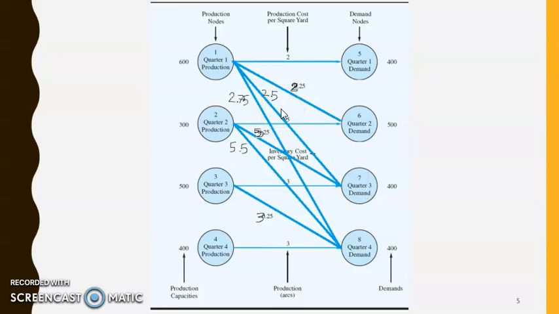So $2 plus 50 cents. The same logic is used to come up with 2.75. The same thing we continue for quarter two, quarter three, and quarter four. Since everything that you manufacture in quarter four is going to be used in quarter four, we have only X48. So it is our new graph.